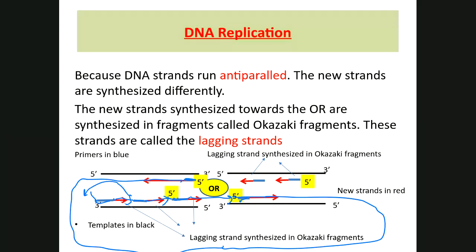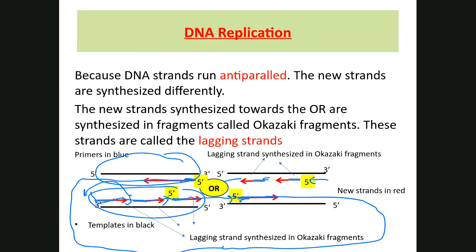The same thing happens over here with this other strand that is moving towards the origin of replication. So as DNA is being replicated, one of the strands will be replicated continuously, the other one will be replicated in a lagging or discontinuous manner.